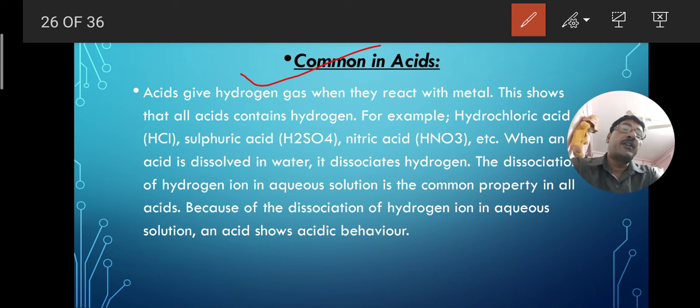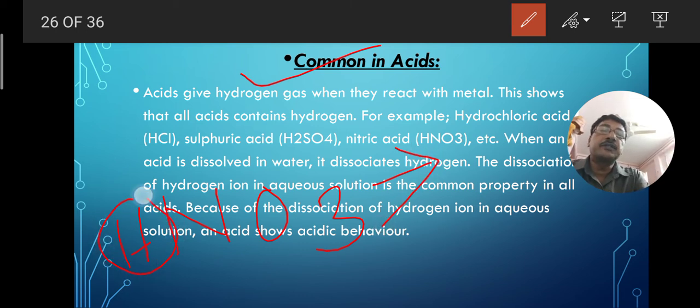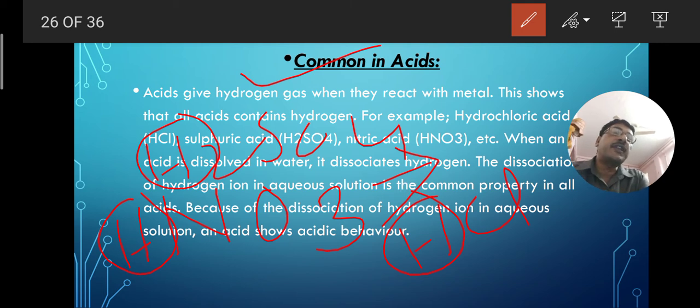Very simple. When you take any acid, suppose HNO3, what is common here? It is having hydrogen. If you take H2SO4, here also hydrogen is common. If you take HCl, here also hydrogen is common. So we can say all the acids are having hydrogen in common.